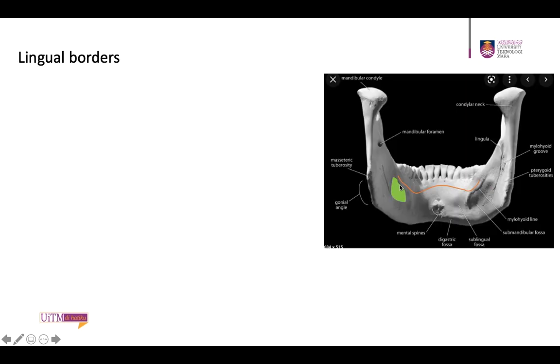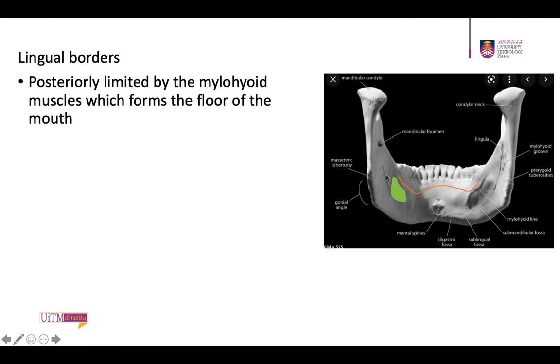So lingually, how do you know where to extend the lingual flange of your mandibular complete denture? I put the photo of your mandibular bone looking from the inside. Posteriorly, your lingual mandibular flange should be limited by the mylohyoid muscle, which actually forms the floor of the mouth.